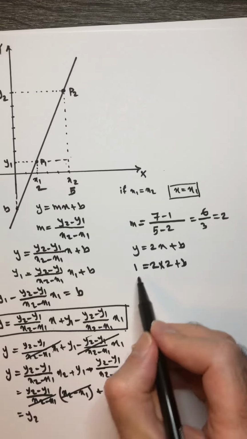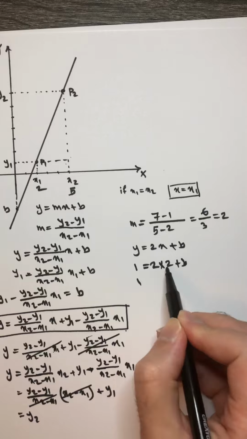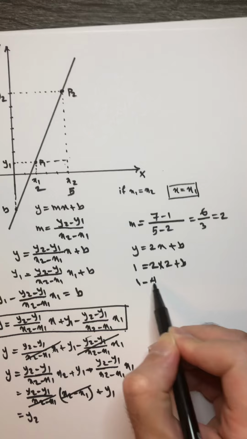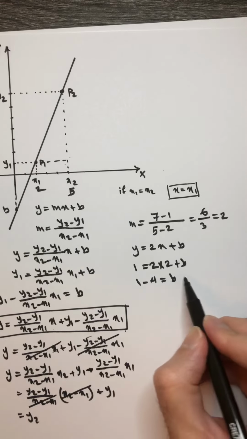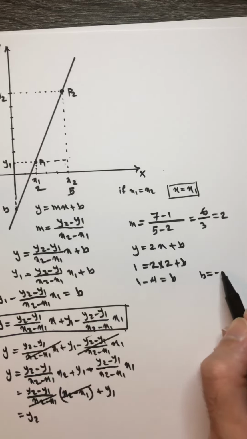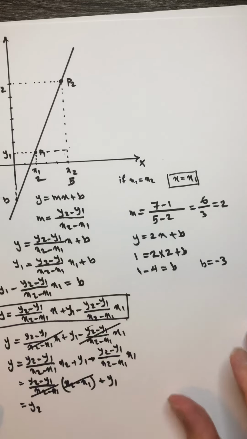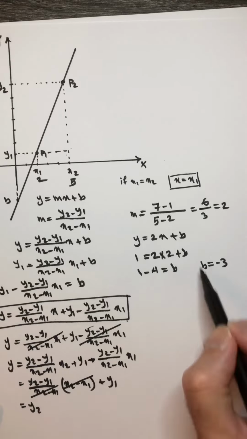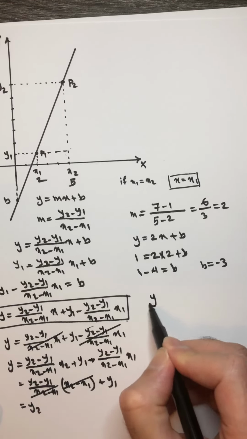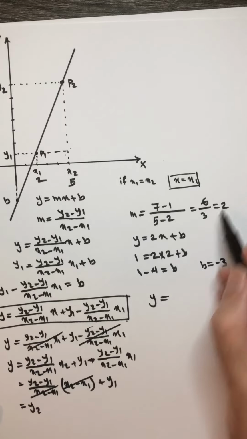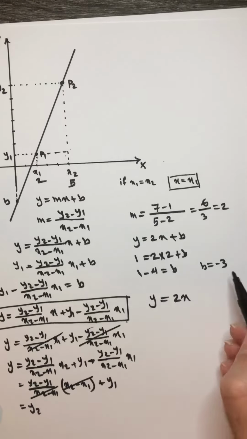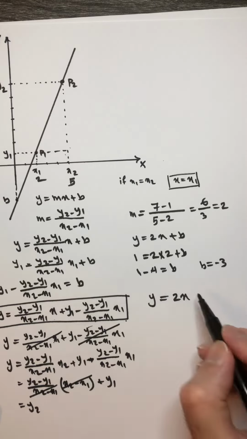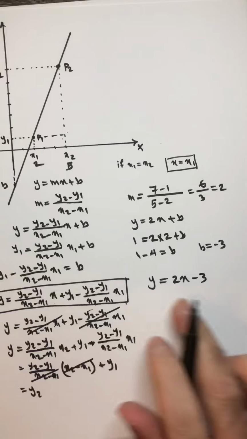So we have 1 minus 4, bringing this to the left side, equals b, which means b is minus 3. So we found m, and we found b. So y equals mx, which is 2x, plus b, and b is negative 3, so y equals 2x minus 3. So this is the equation of the line.